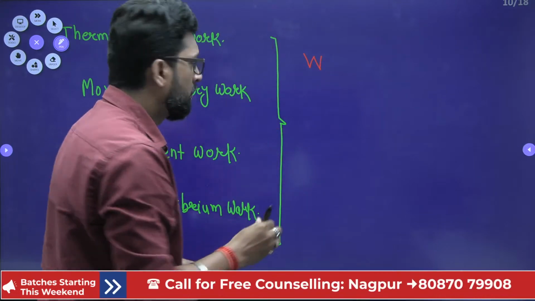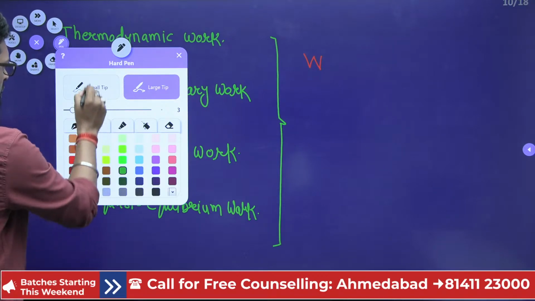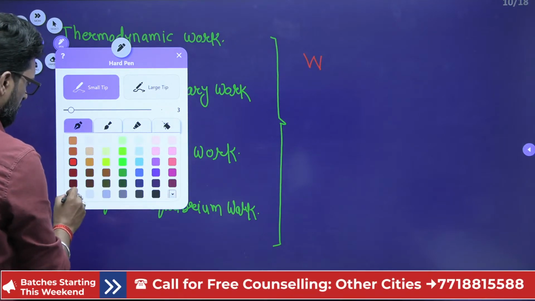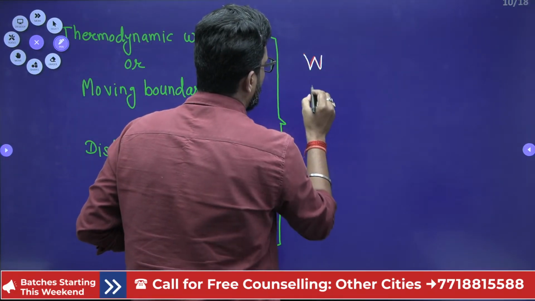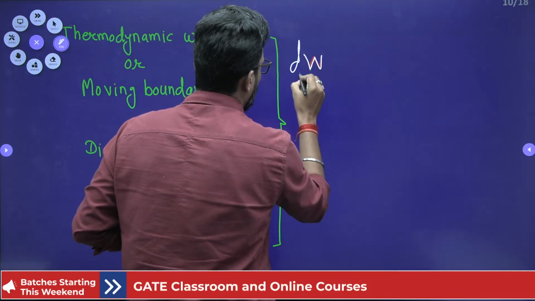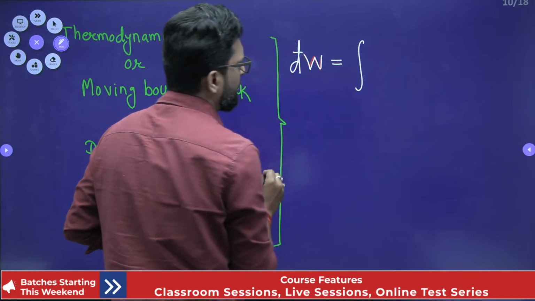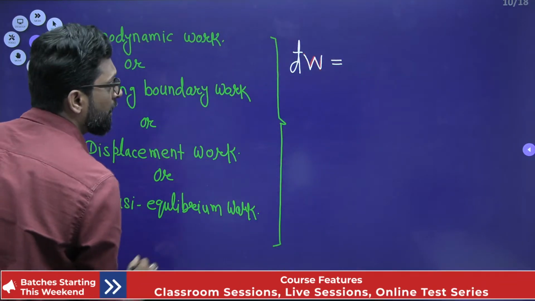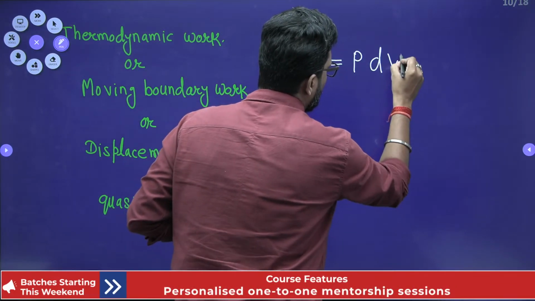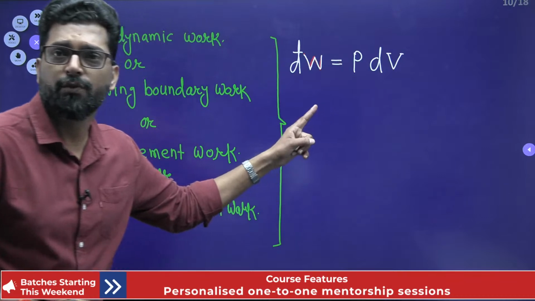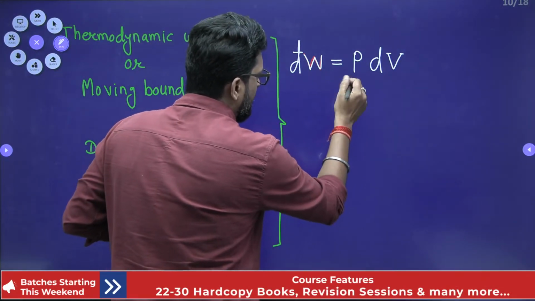I will take red color. Work transfer, dW, is equal to the integration of P into dV. This is very important. Now, what is P?